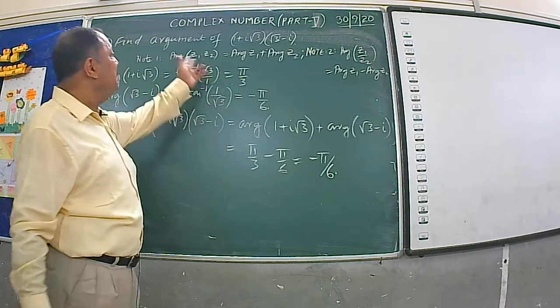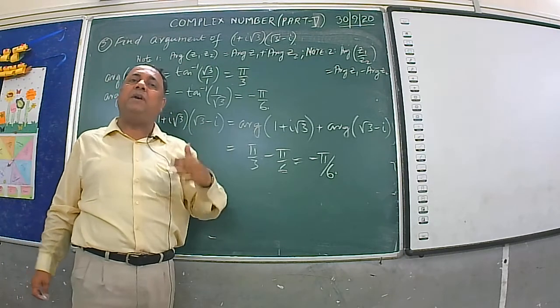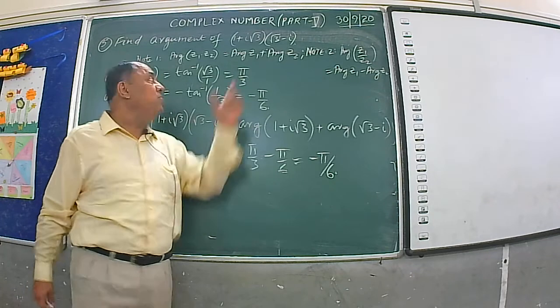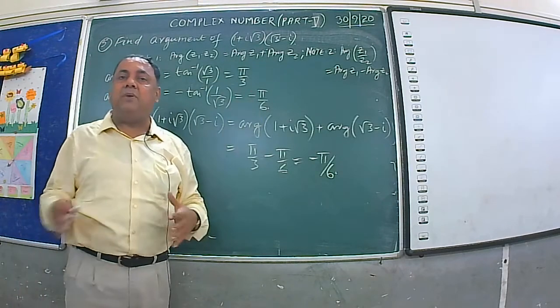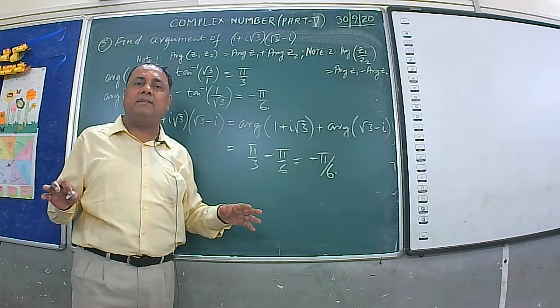So remember this particular note which says argument of Z1 into Z2. Do not multiply this. I have found out that students multiply this. Please do not do that.